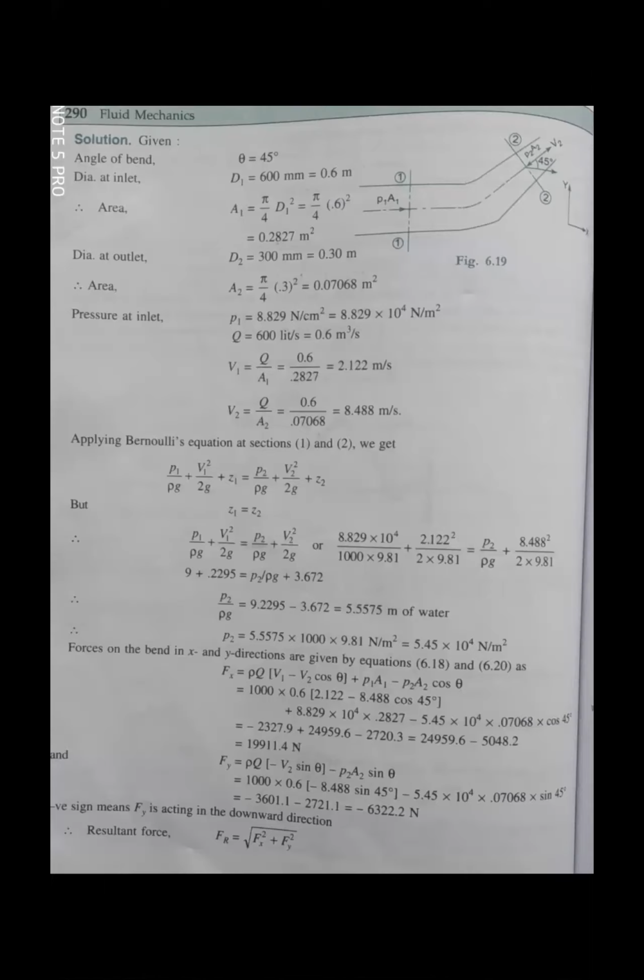Z1 equal to Z2 means the datum heads of section 1 and section 2 are equal. Is it shown in the same way in the figure? No, sir. Then why is Z1 equal to Z2 written?